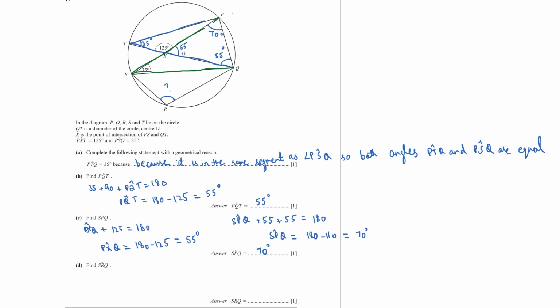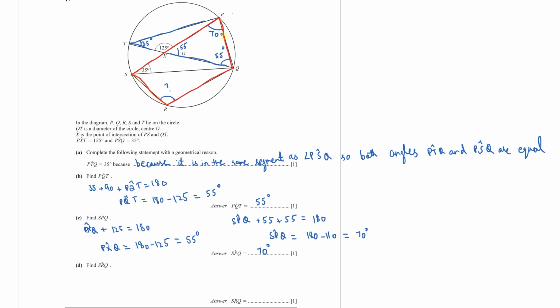So now if you look at this quadrilateral marked in red here, this line and this line, this one and this one.